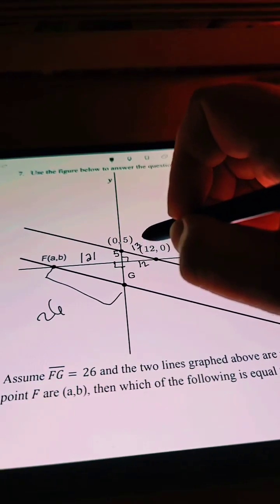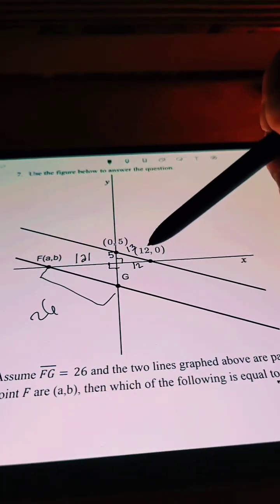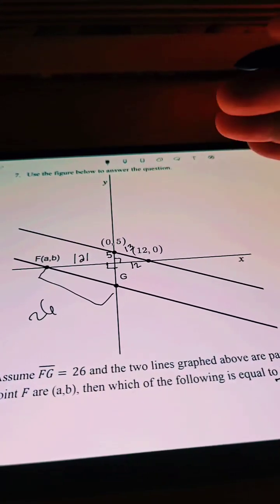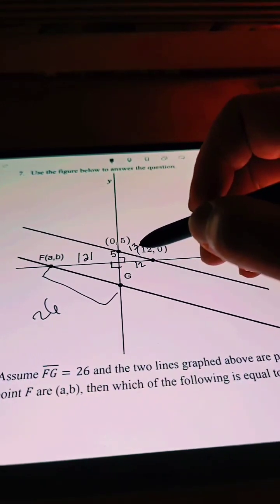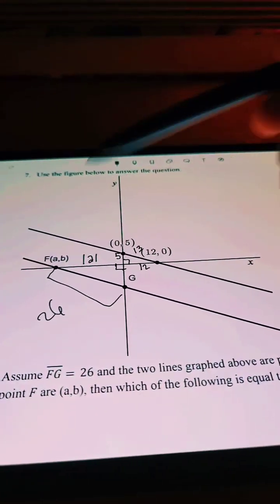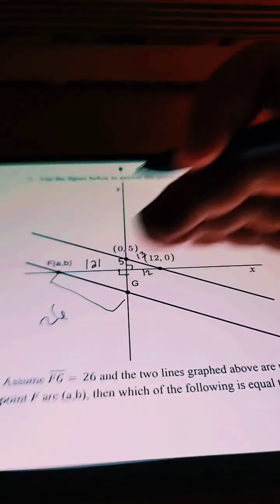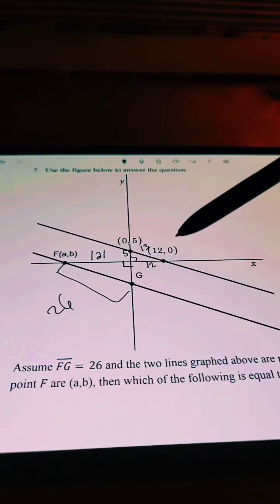What I saw is these are similar triangles, and with similar triangles the sides are proportional, so you can do a ratio with the sides. So 13 over 26 or 26 over 13, those are the matching sides for these similar triangles. They're the sides that should be proportional.